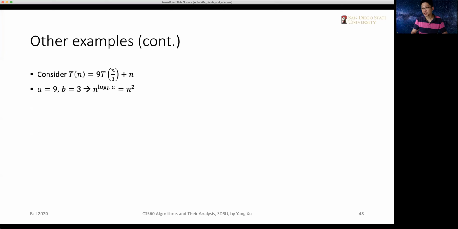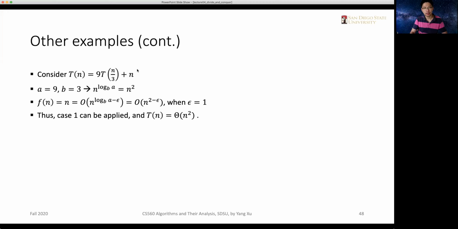In this case, a equals 9, b equals 3, so the polynomial term is n squared, which means it is an upper bound for the function f of n. So case 1 applies, and the final solution is determined by the quadratic function.